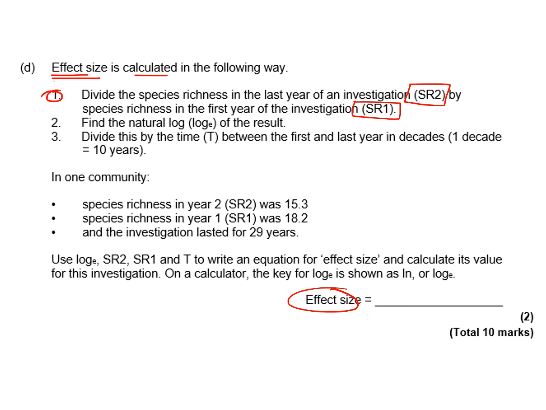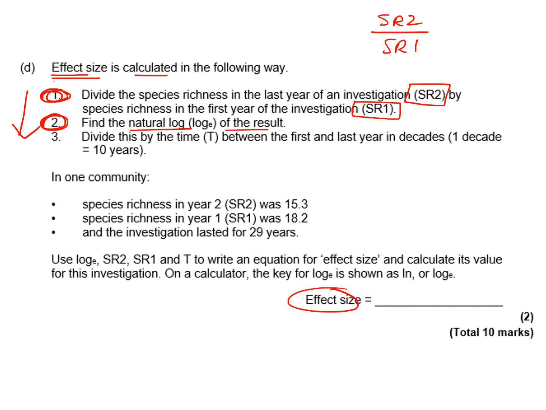So if we just follow the set of instructions, starting with number 1 at the top, okay, we know SR2, whatever value that is, divided by SR1. And then it says find the natural log of the result of that division.